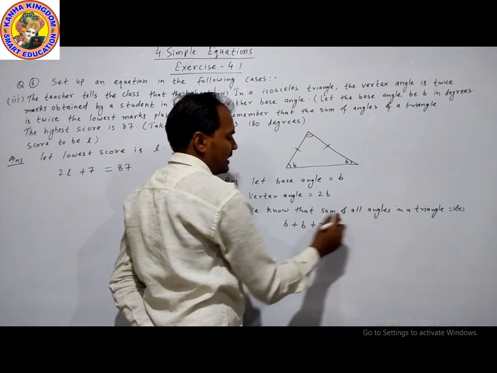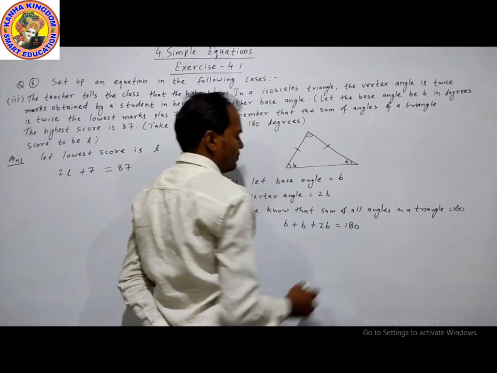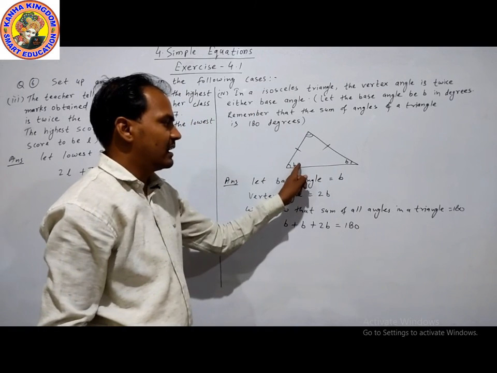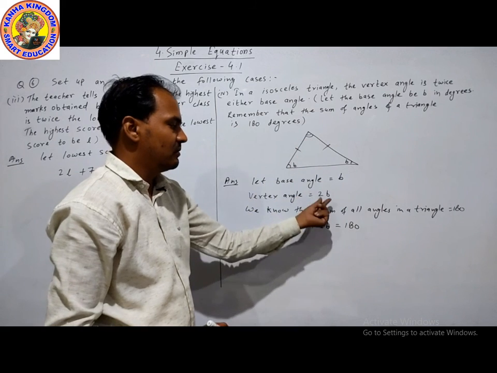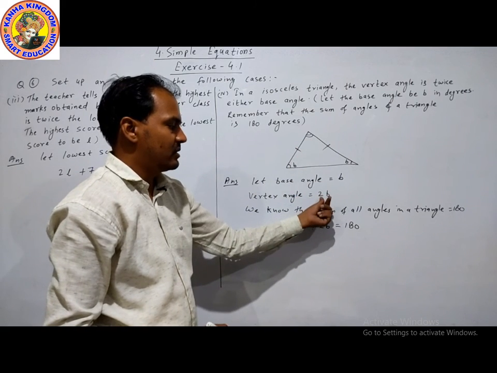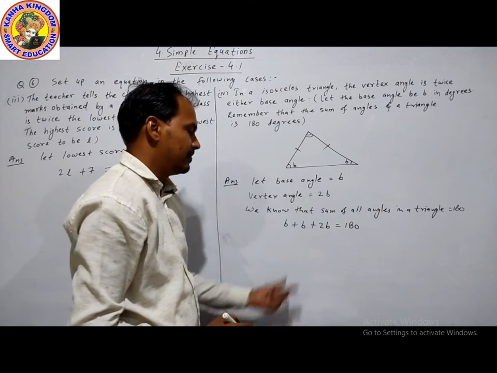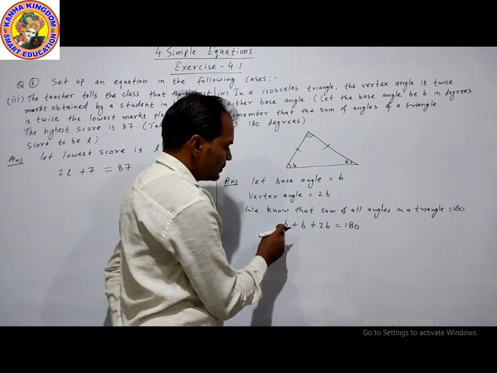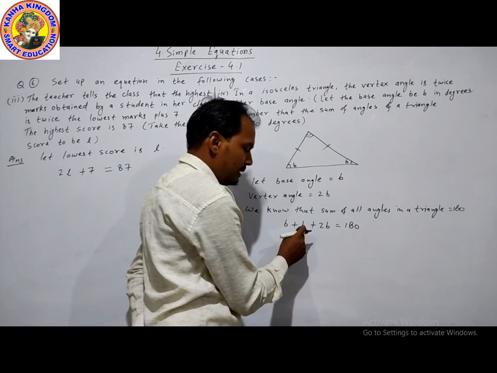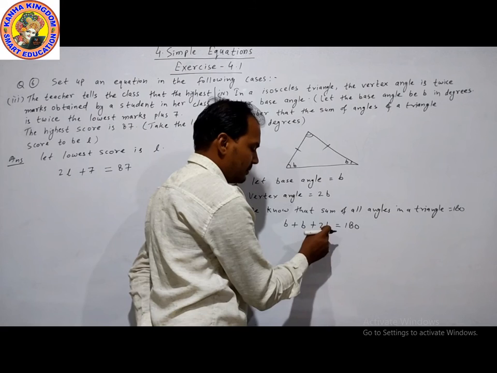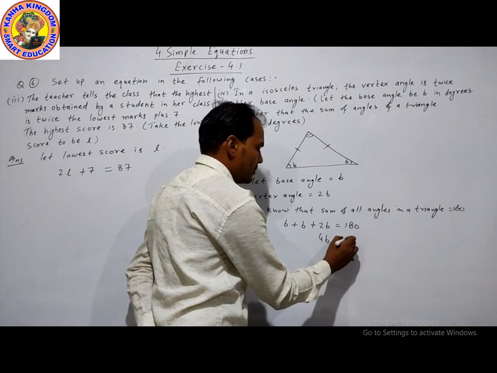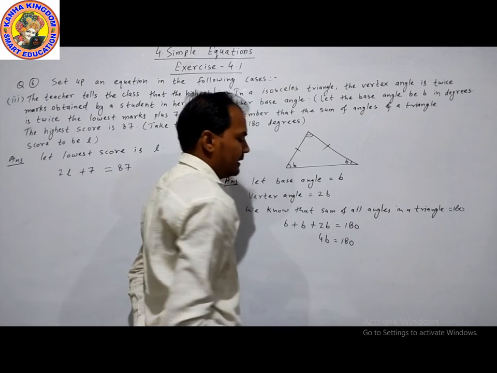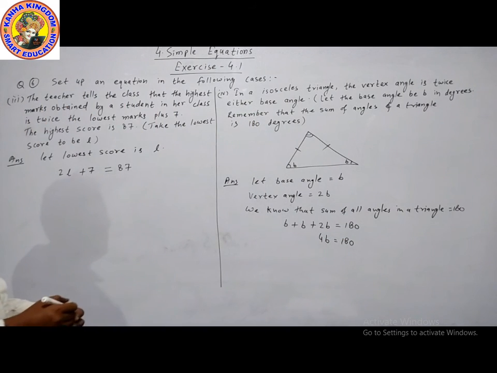The sum of all angles is equal to 180 degrees. B plus B, then vertex, which is 2 times base, 2 into B. Now 1B plus 1B is 2B, 2B and 2B is 4B. 4B is equal to 180 degrees. This is our final equation.